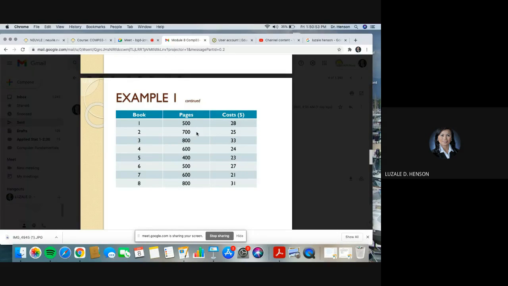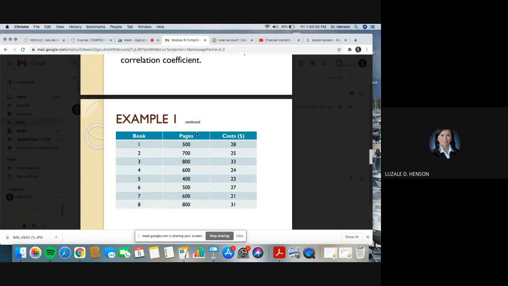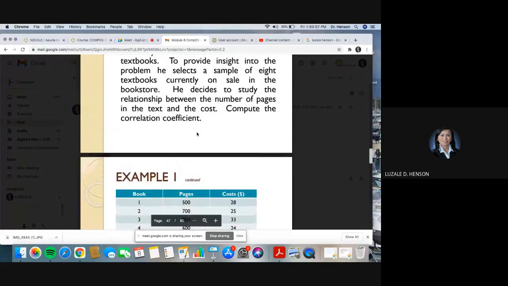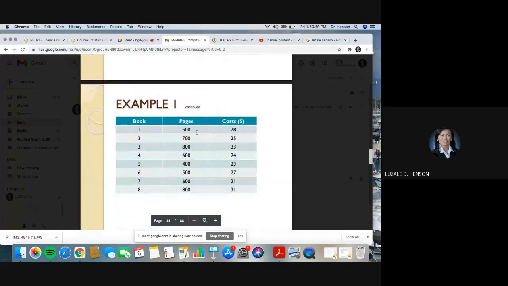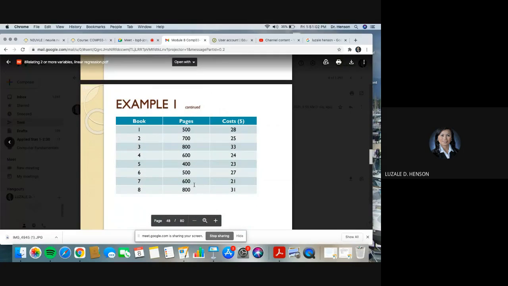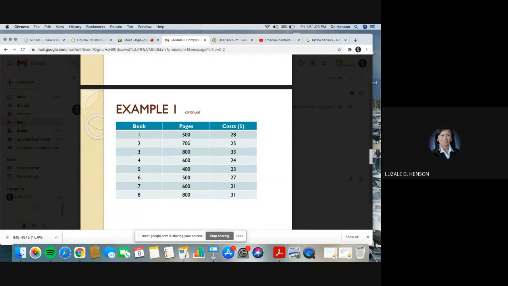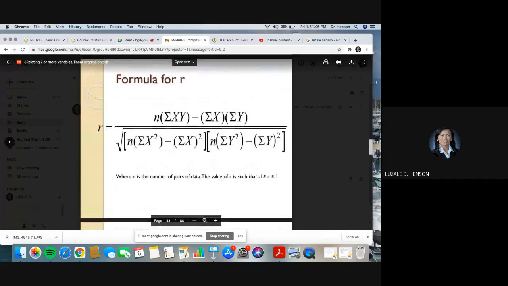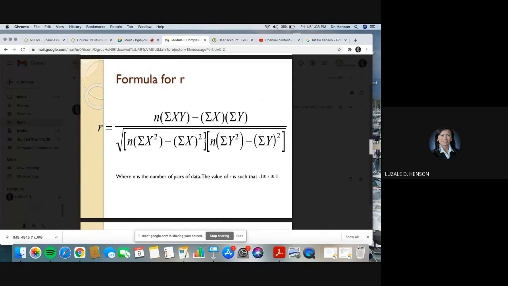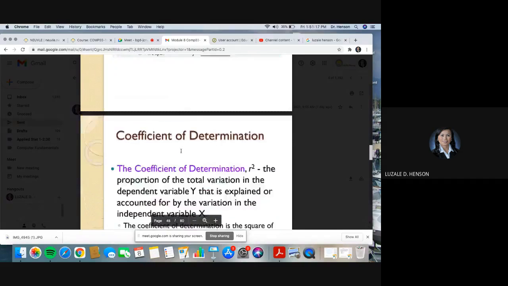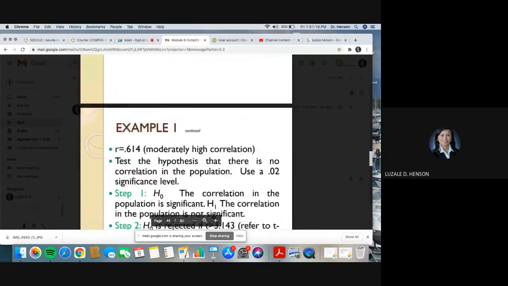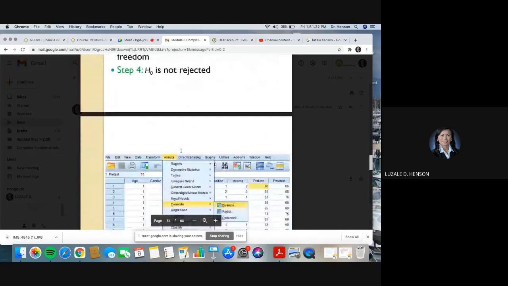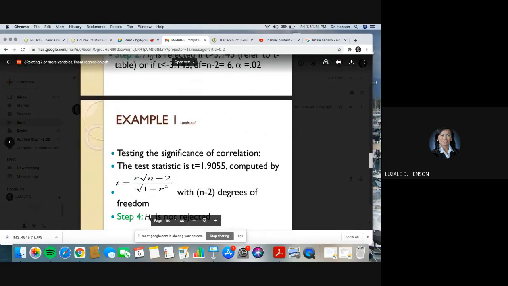You might as well make use of a tool such as Excel, and encode the data so you can create a column for the product of X and Y, for the X squared, for the Y squared, so you can just fill in these values and there's no need to do it manually. You can just simply provide a formula to arrive at the value of R.